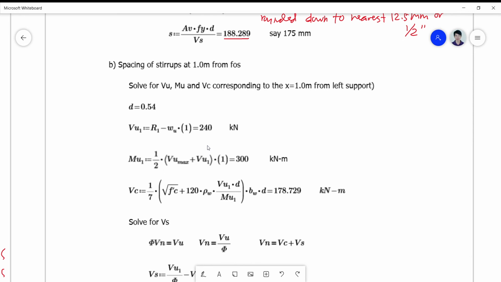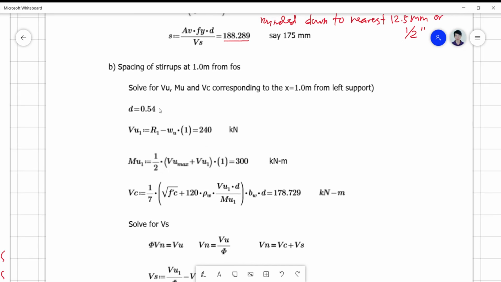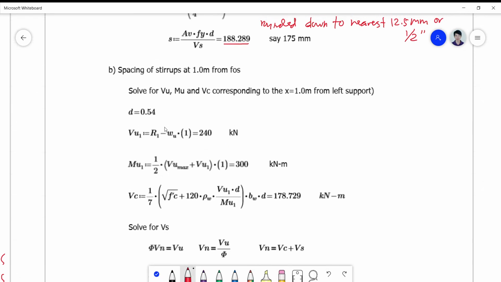So take note that d is already in meter this time, as was used on the previous step. And solving for Vu at 1 meter, the formula is the same, R1 minus wu x, where x is equal to 1, is equal to 240 kilonewton.